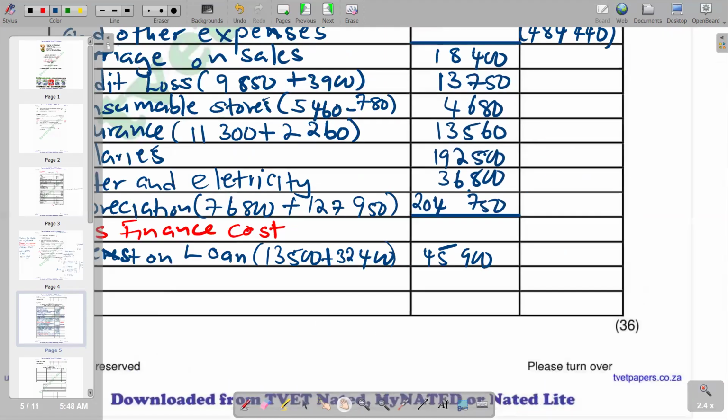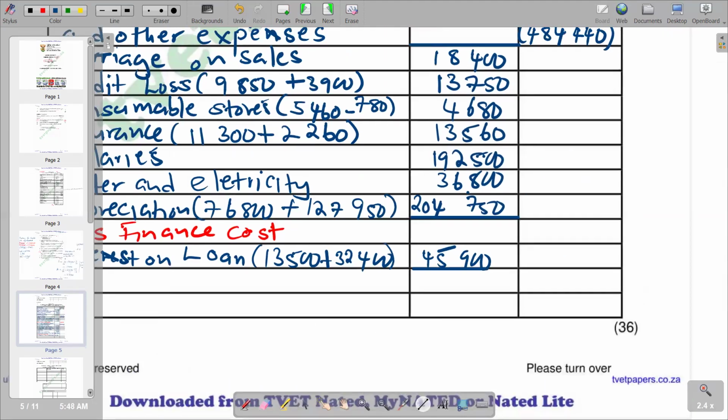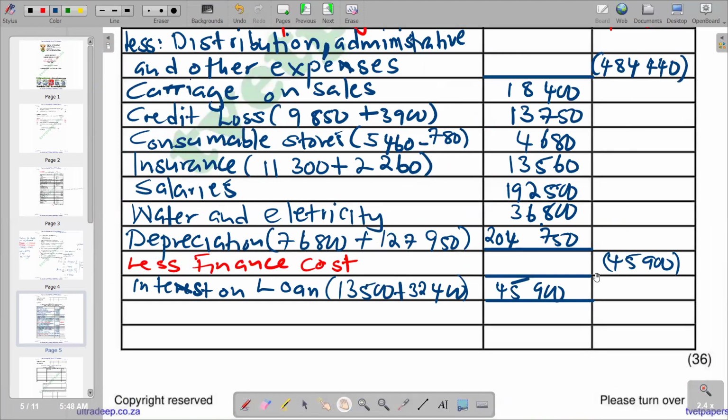So 45,900 is supposed to come here and it becomes a negative since it's finance costs. Remember here we are saying less finance costs of 45,900.